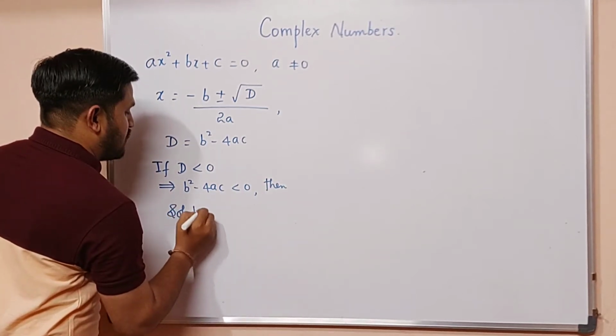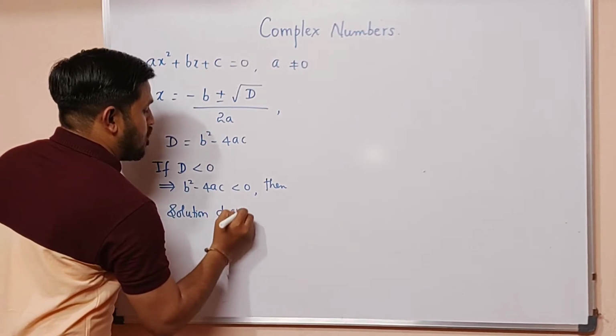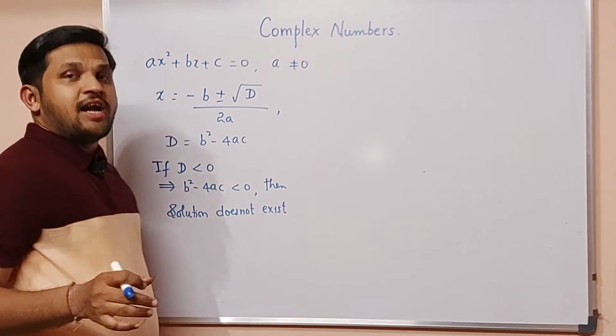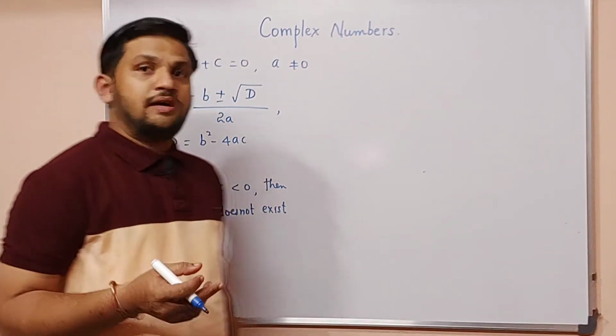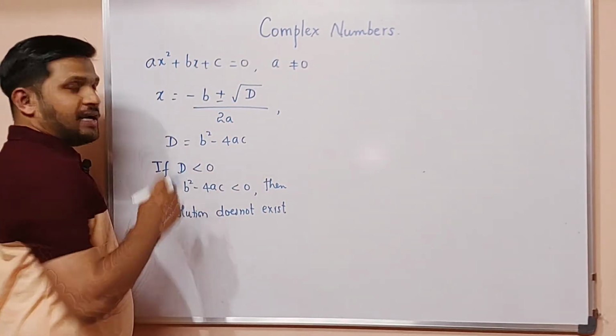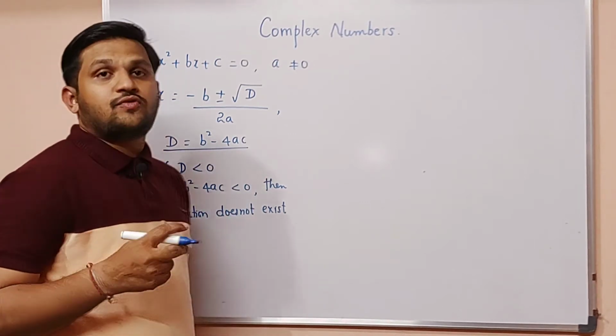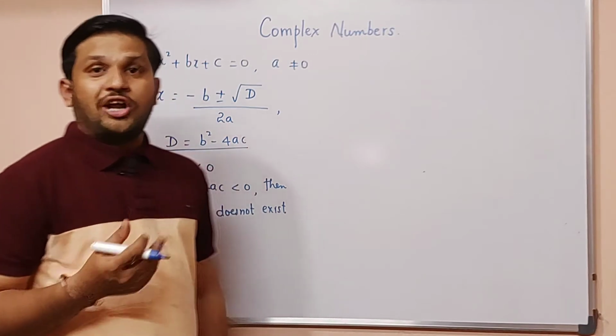What is the meaning of it? It says that you cannot find any real value of x when the discriminant is less than 0. So where does the solution exist for those types of quadratic equations?